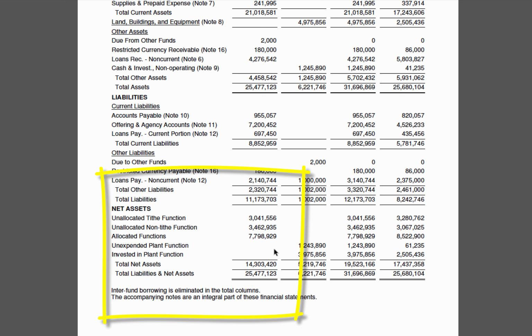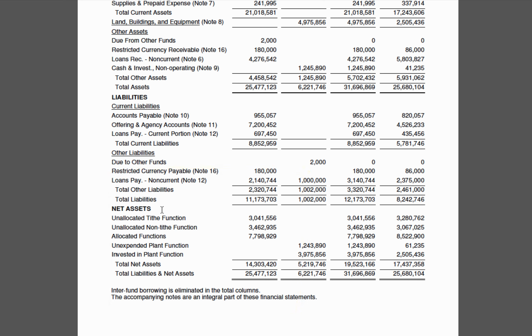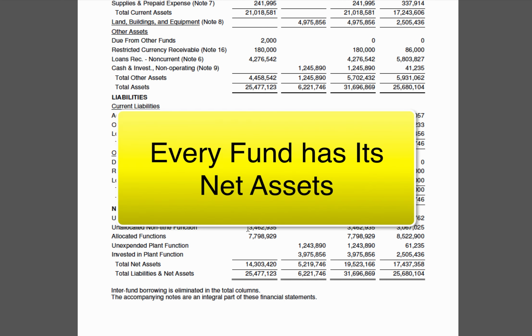And since it's a nonprofit and it's not an ownership type of situation, we don't really call it capital because there's nobody who owns it. So this is net assets. Every fund has its net assets.